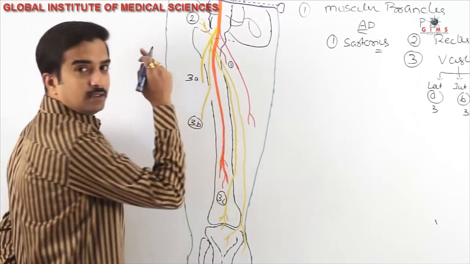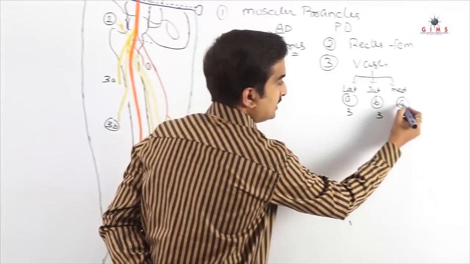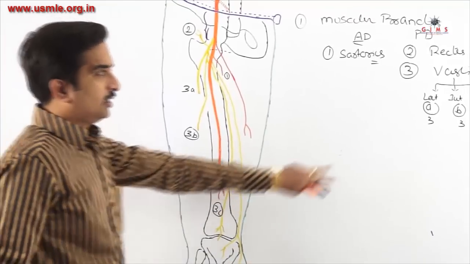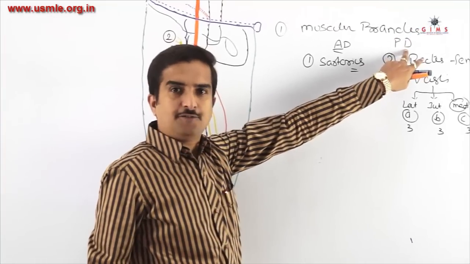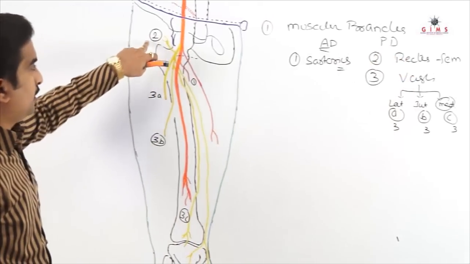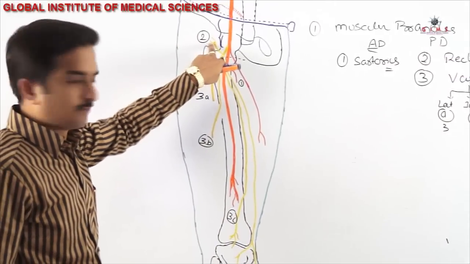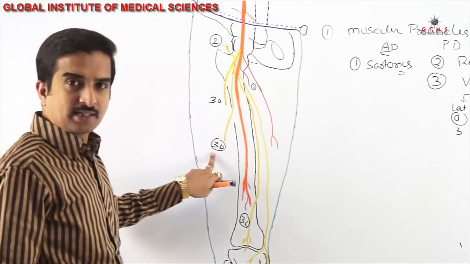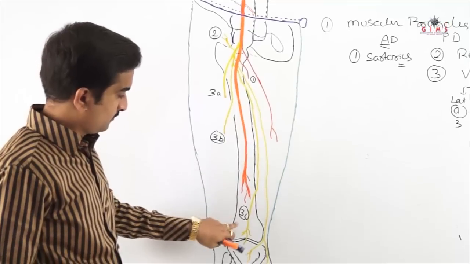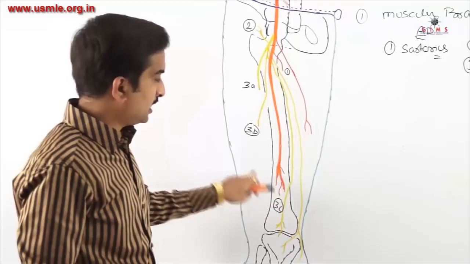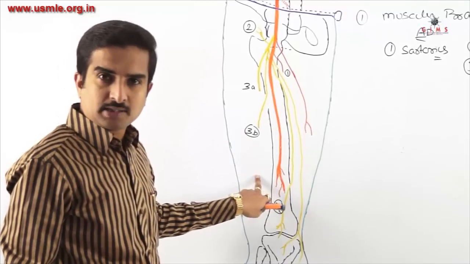This is the medial one, 3C, that is vastus medialis. So the posterior division of the femoral nerve gives off muscular branches to the rectus femoris, vastus lateralis, vastus intermedius, vastus medialis. Okay, so these are the important muscular branches.